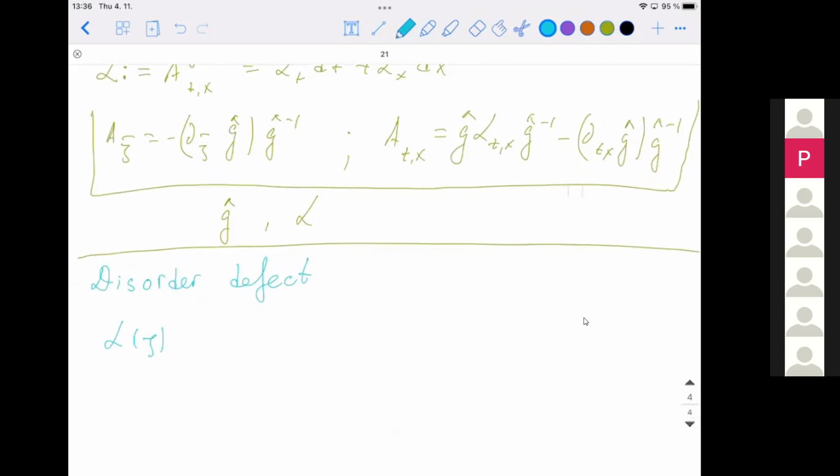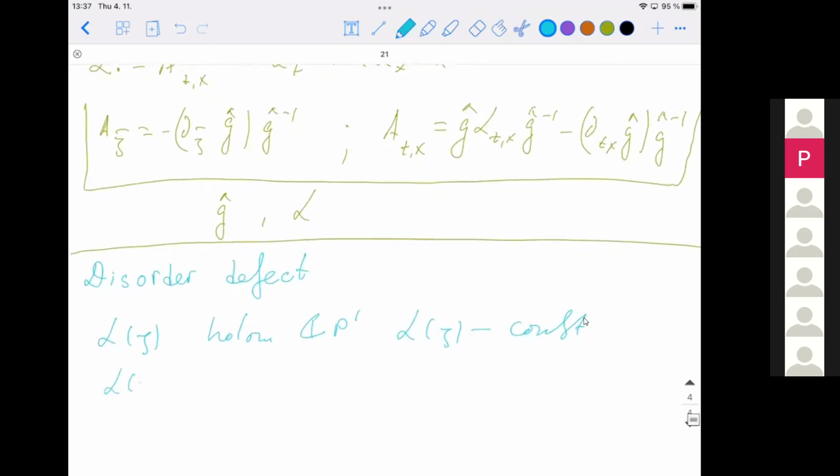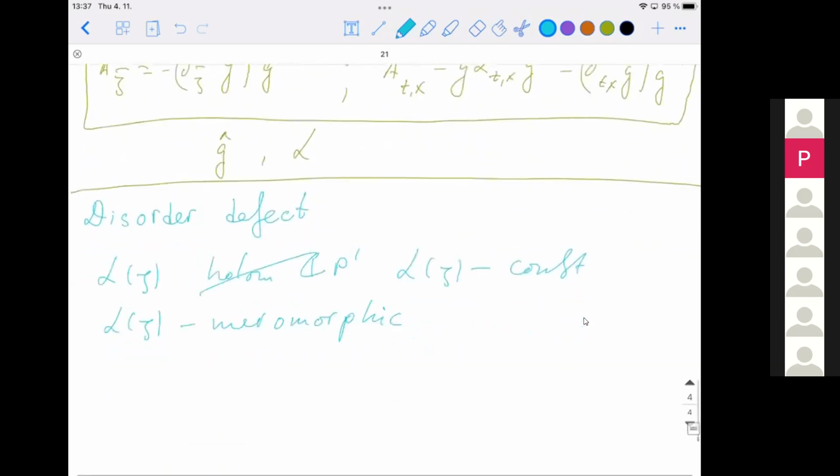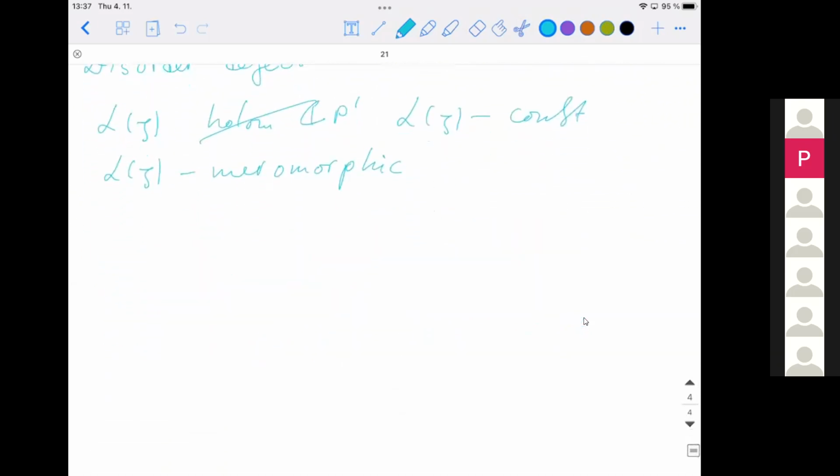If it was holomorphic on CP1, then this L_z can be set as a constant because the dependence on zeta is arbitrary, but we don't want that. So let's say that L_z is meromorphic with some pole. The bulk term was this, right?